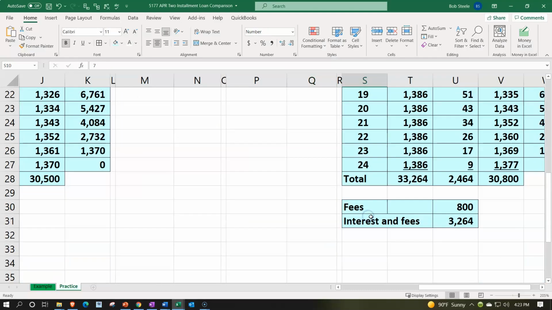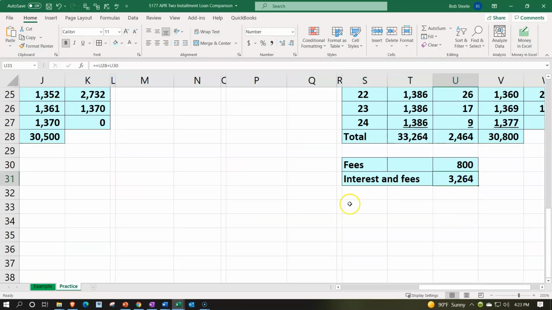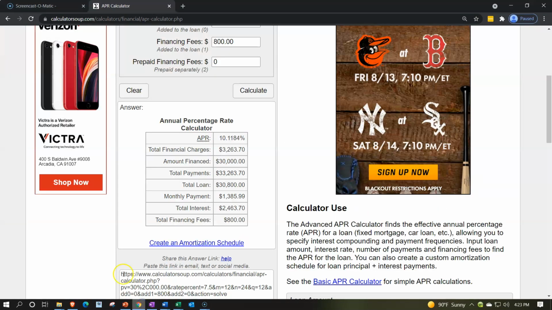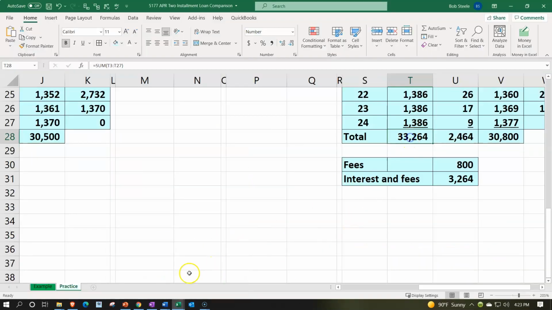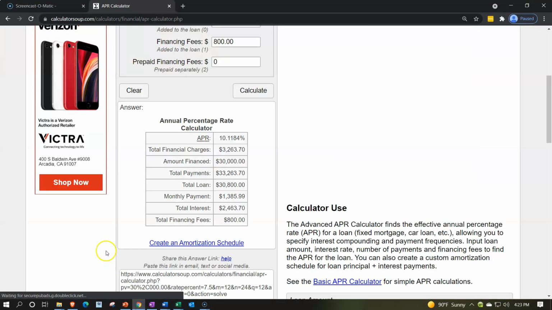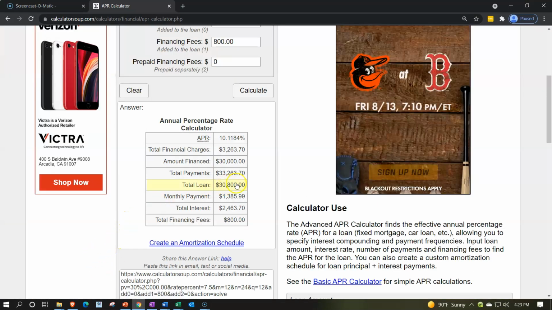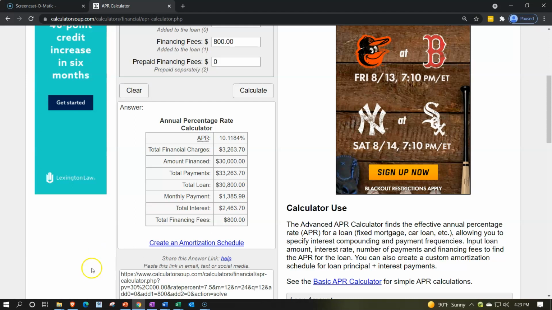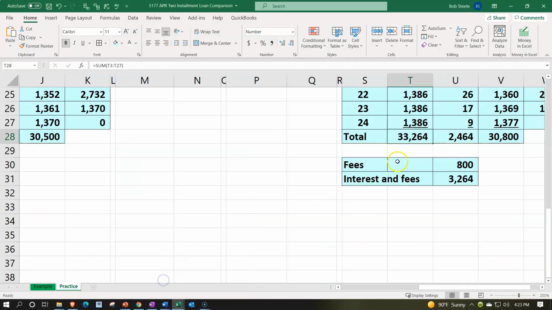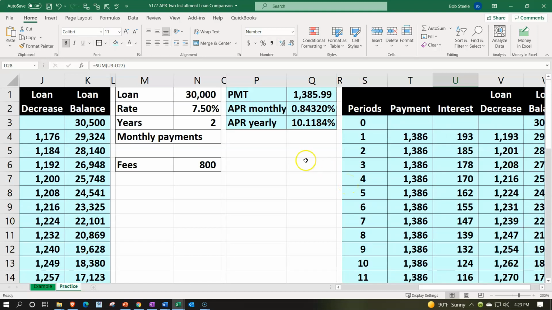Total finance charges, 3264, a rounding difference of $1. I'm okay with that. Total payments, 33263. 33263 looks good. Muy bien. That's my Spanish. There, 30,800. Monthly payments, 1385.99. Total interest 2463. 2463.24, a rounding difference. So yep, there it is.